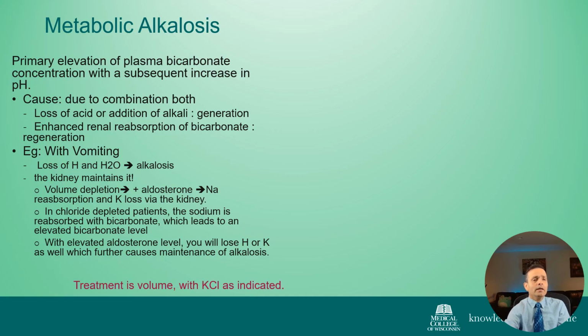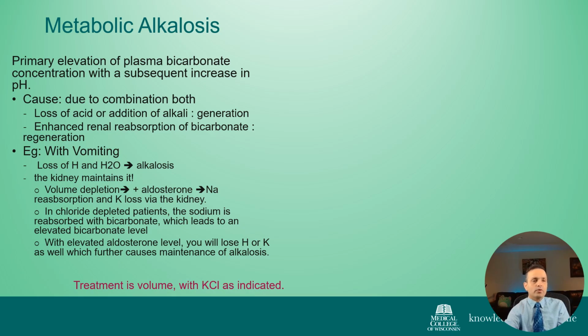So that's why, to mitigate that loss from the kidneys, you are supposed to expand the vascular volume with isotonic fluid. And typically you would like to give 0.9 normal saline, which has more chloride.